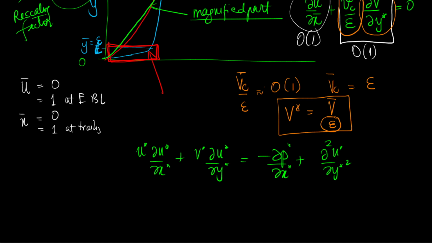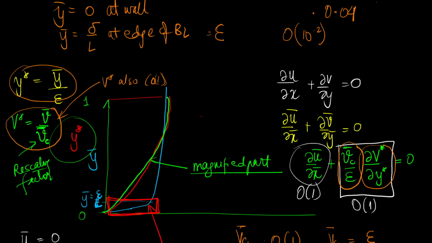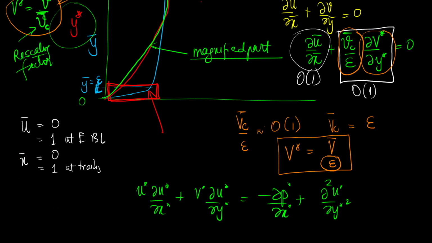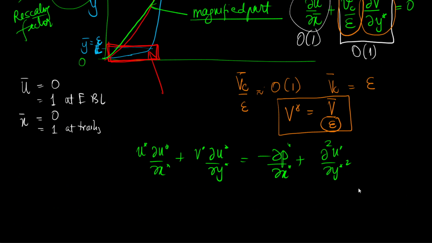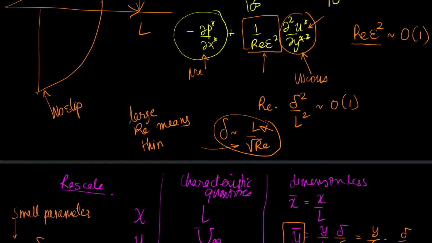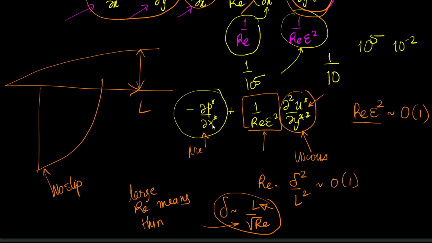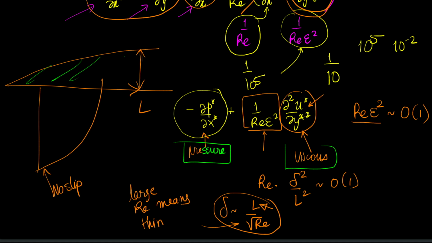Once again, the logic behind keeping pressure and this viscous term is the fact that pressure cannot drop out of an equation. Pressure is a very valuable variable in the proper functioning of this entire set of equations, and the viscous term cannot vanish, because it is the viscous terms that we are trying to resolve the physics in.